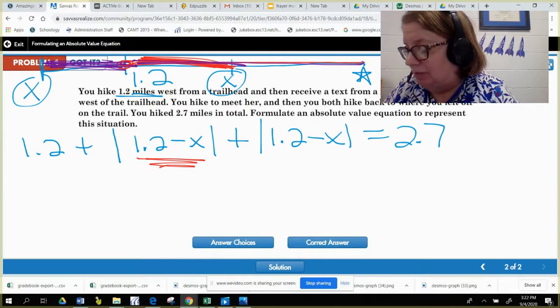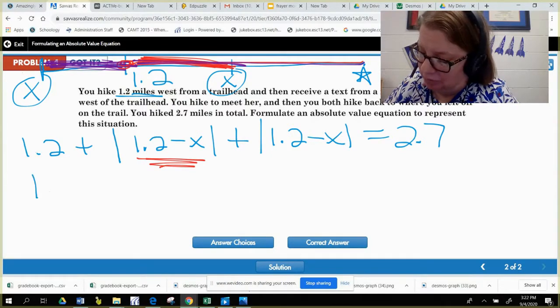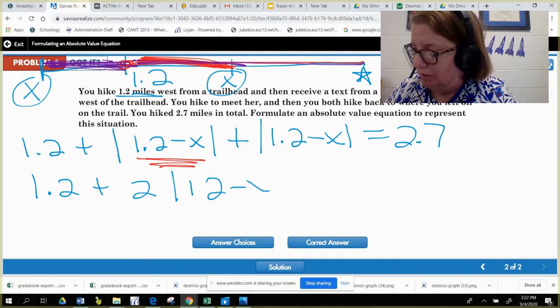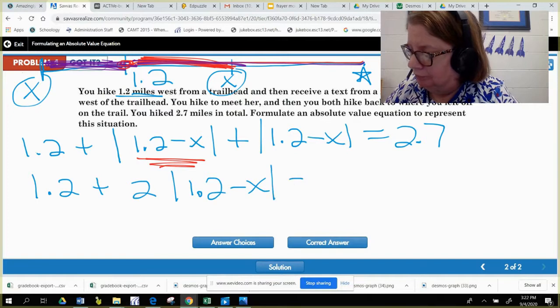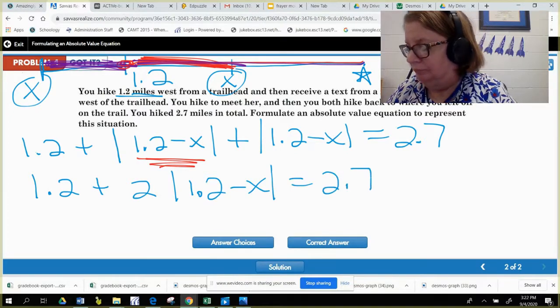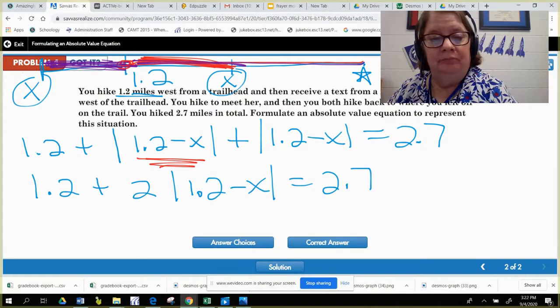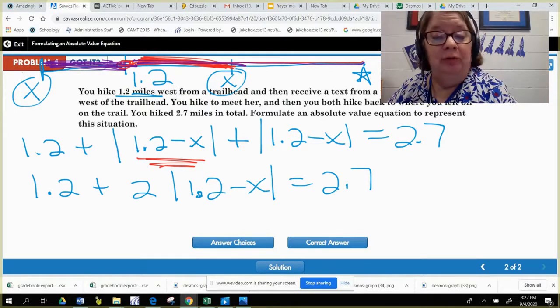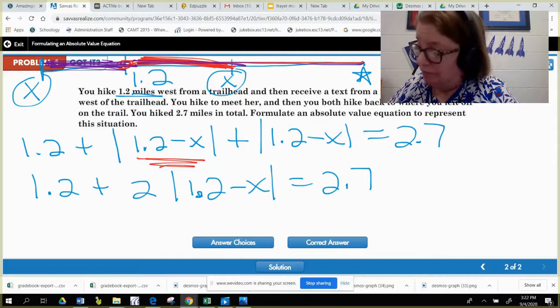Now, since this 1.2 minus x is twice, we can do it this way: 2 times the absolute value of 1.2 minus x. And then we could solve it to find out how far your friend was, right?